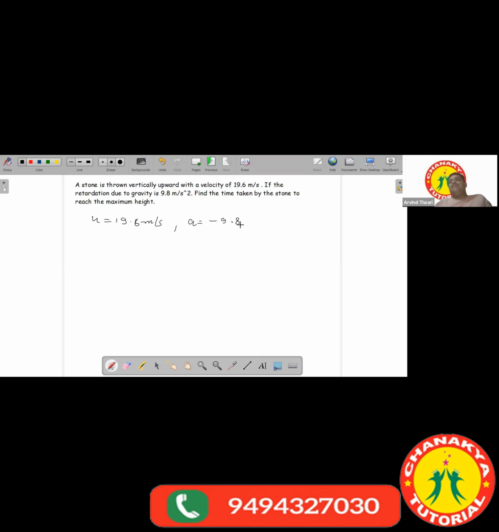See why we take this as minus 9.8 meter per second square. First of all, since it's written retardation, it has to be negative. Or you can guess it even if it's written as acceleration, because when the stone is moving upward, its speed is decreasing. As it moves upward, its velocity decreases.